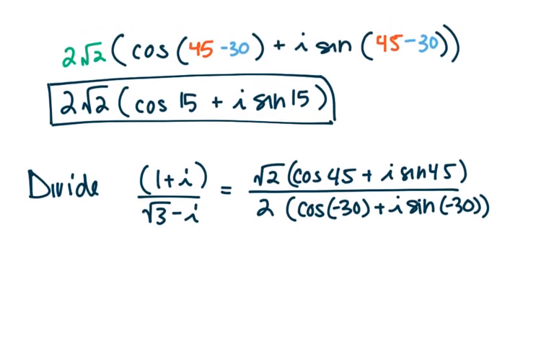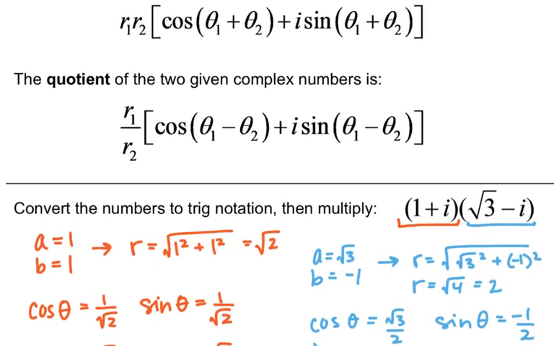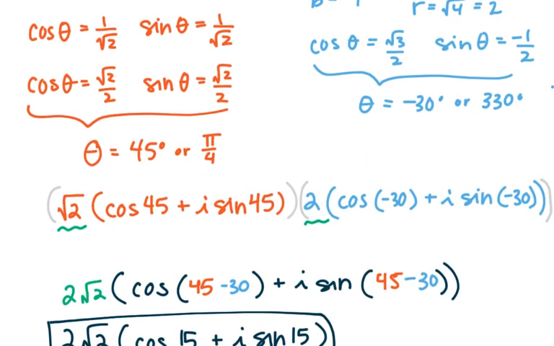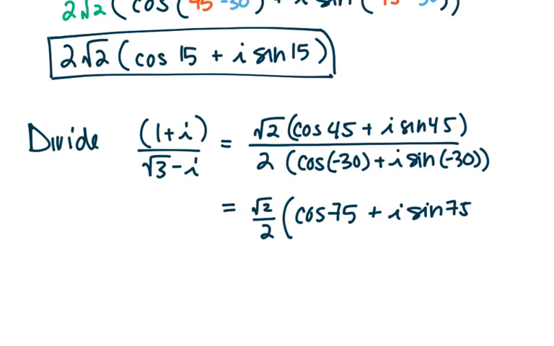So by the property up here, coming back up, if we need to find the quotient, we're going to divide the r's and subtract the argument thetas. So this quotient would be square root of 2 over 2, 45 minus negative 30, that's cosine of 75 plus i sine of 75.